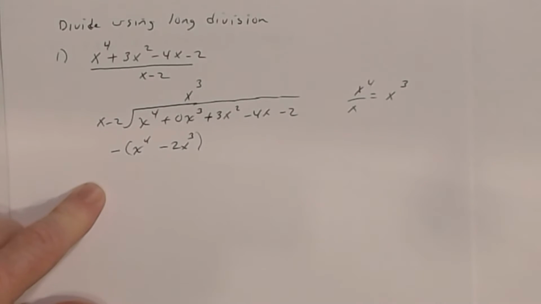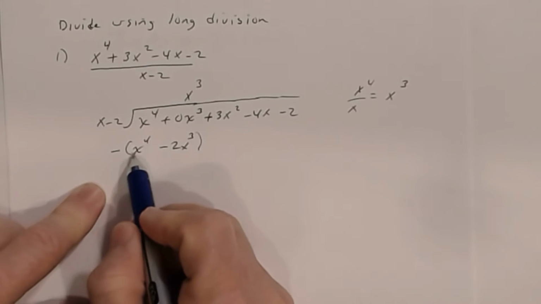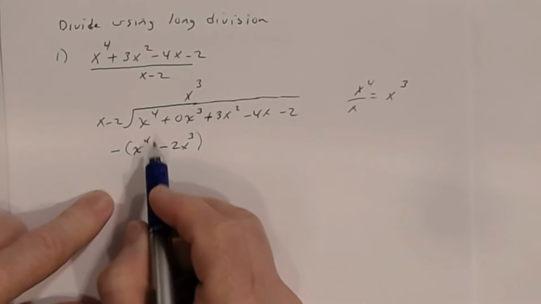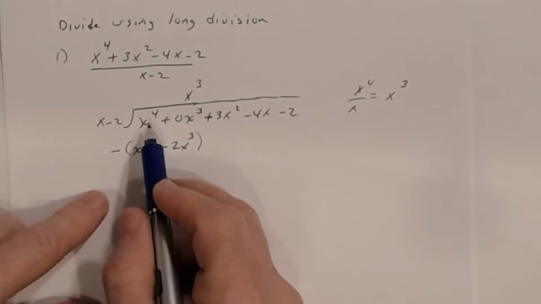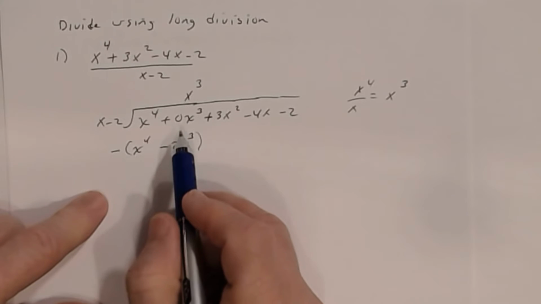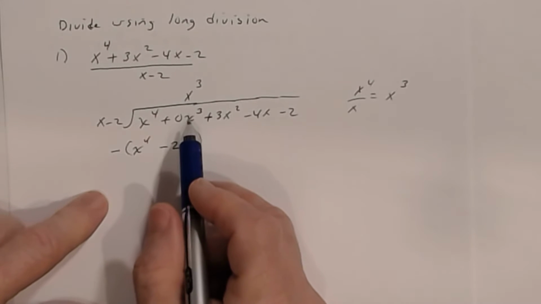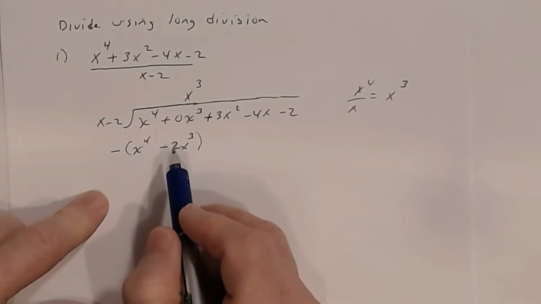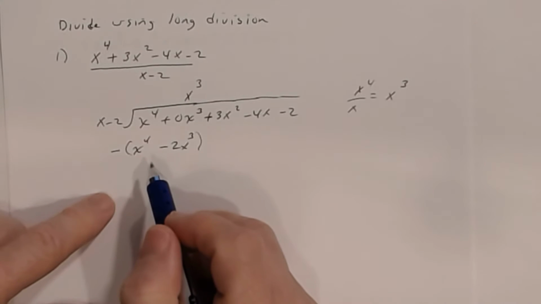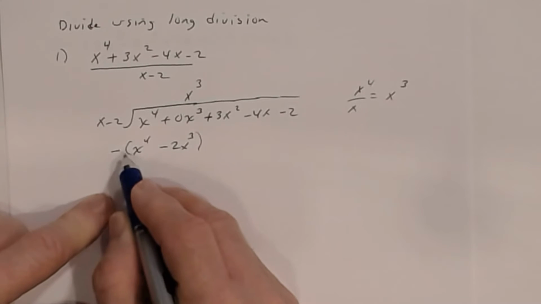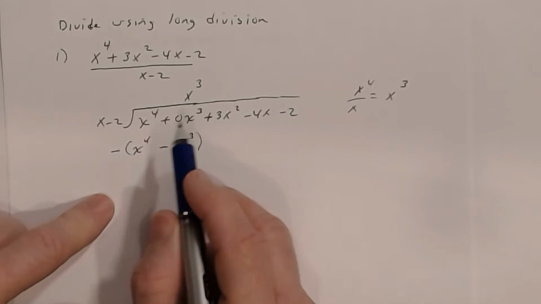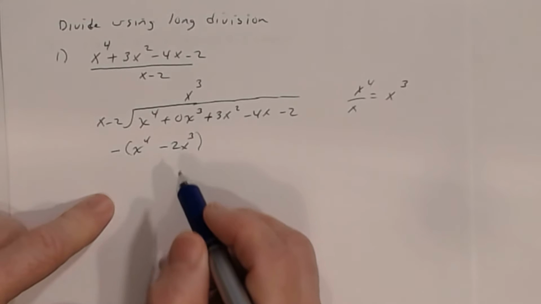What you may want to do, and that's up to you, is to rewrite this without the parentheses. So just keep in mind what you're doing. You're subtracting, so you're saying x to the fourth minus x to the fourth, then 0x cubed minus a negative 2x cubed. For some students, it may be easier to get rid of the parentheses and then just think of adding these terms.